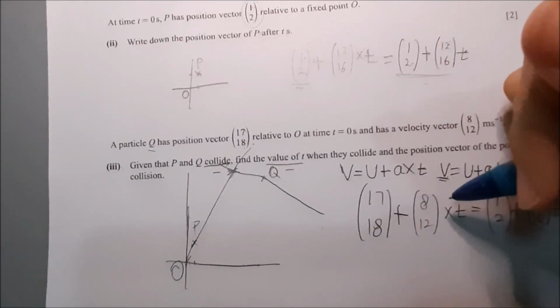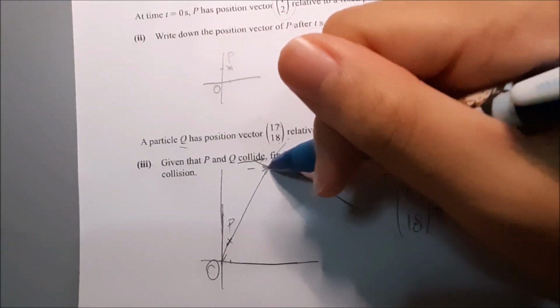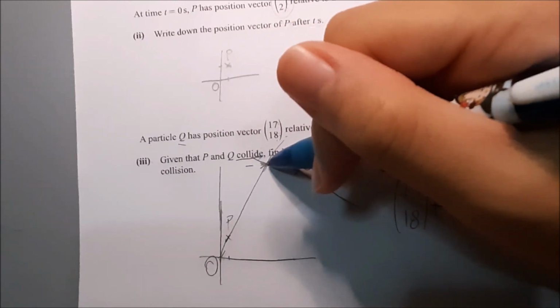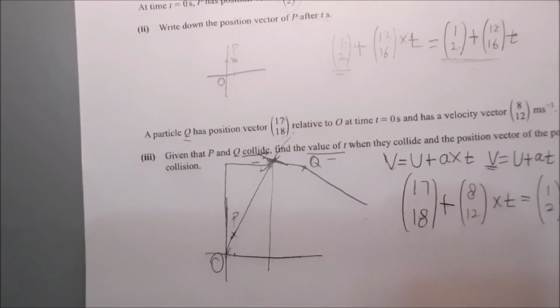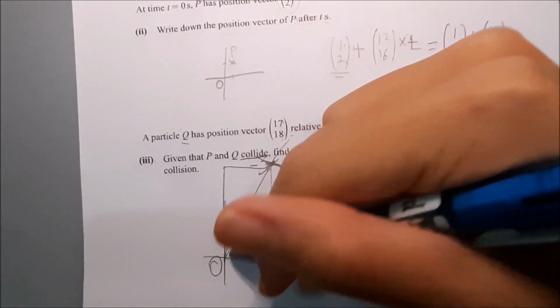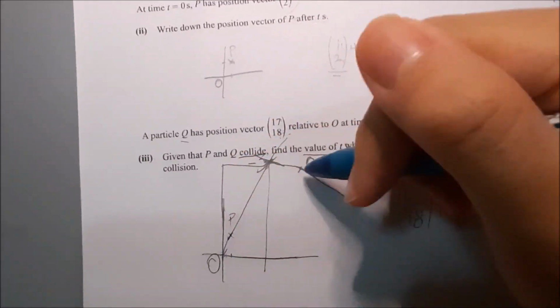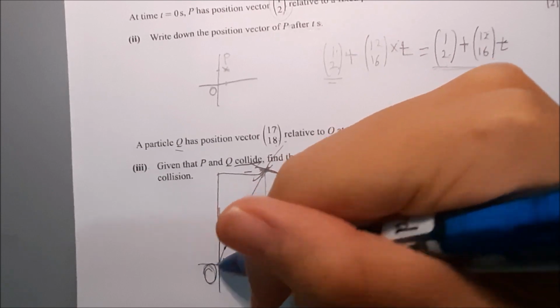It's the same thing for particle Q. And since they collide, they are at the same point, which is this point right here. So it means that they are the same distance away from the origin, not from the particles themselves, but from the origin itself, where the coordinate is (0, 0).